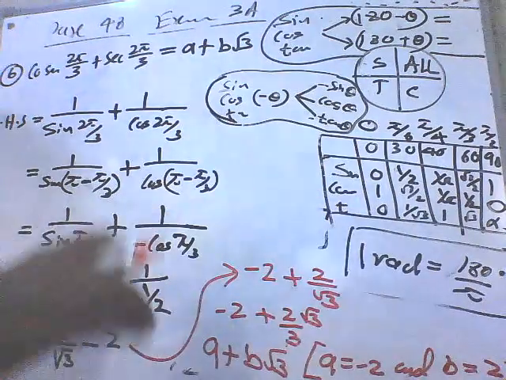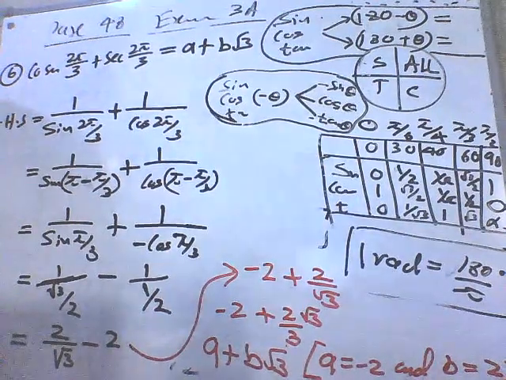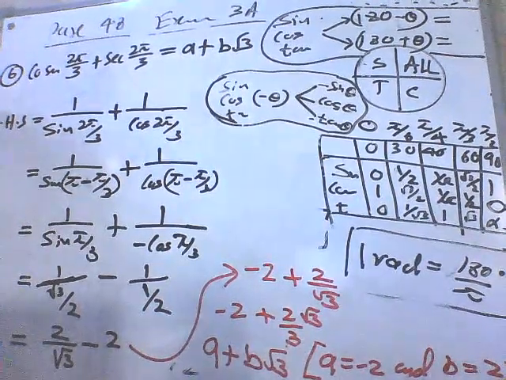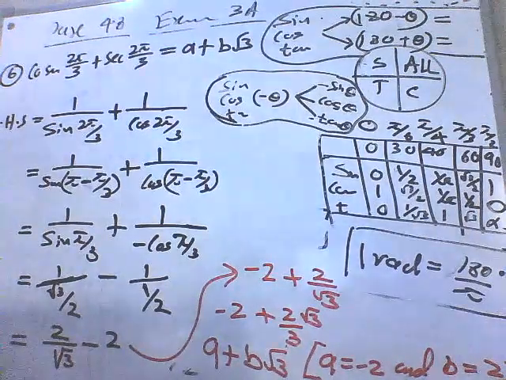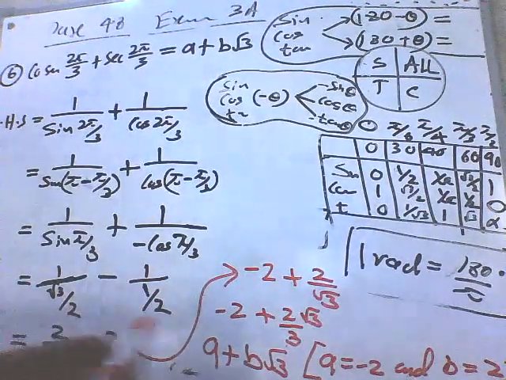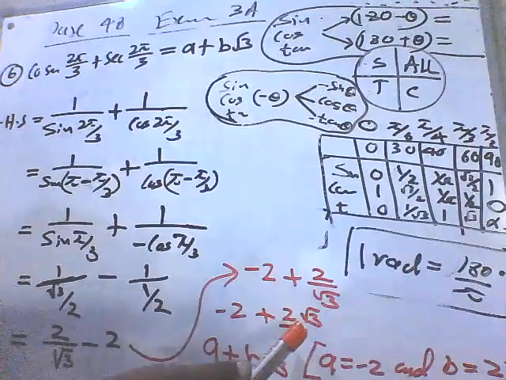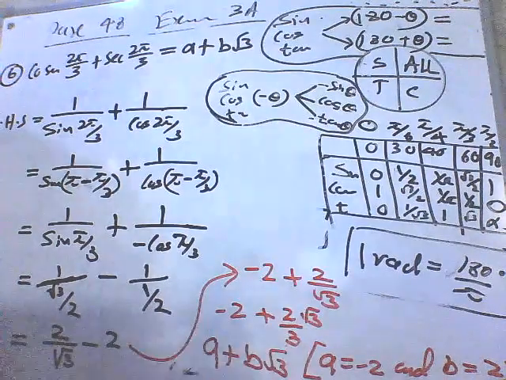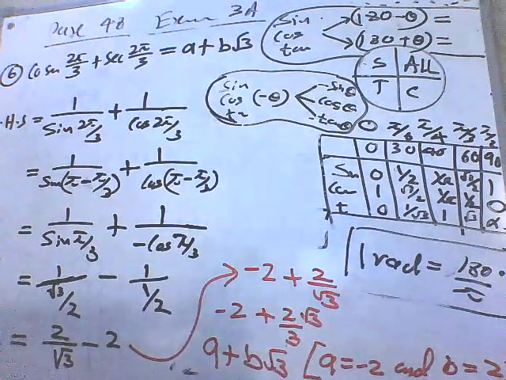I will check the book's answer whether I did it correctly. I will pause the video. Yes, it is correct. I checked the book's answer. So A is going to be minus 2 and B is going to be 2 over 3. This exercise is all right.